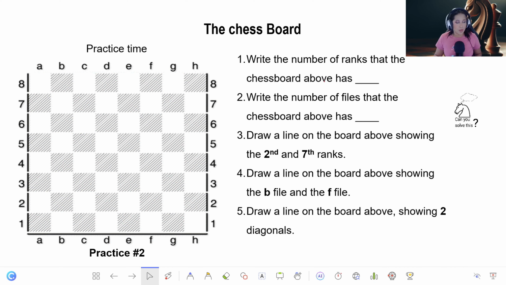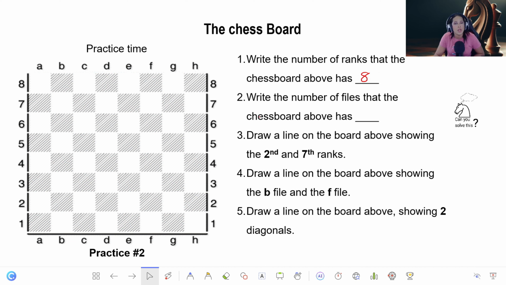Remember, the ranks are the ones going across, from one side to the other side. You can identify them by the numbers. So you have first, second, third, fourth, fifth, sixth, seventh, and eighth. If you count them, you will see that there are 8 ranks.